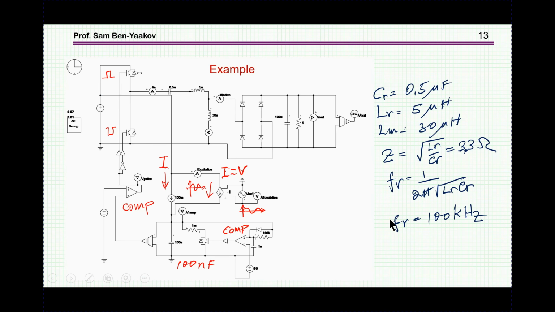So here is an example of an LLC resonant converter, half bridge. Here is the modulator. So this is the excitation, voltage, current, time domain current excitation. This is the DC steady state value, the bias value.